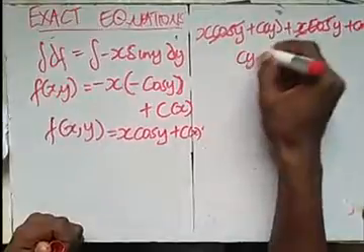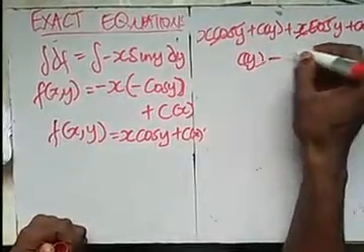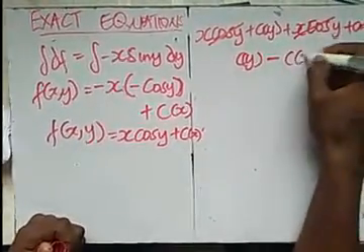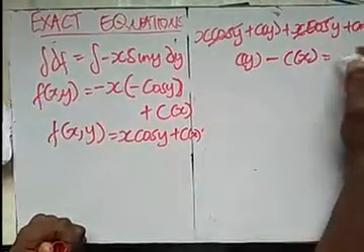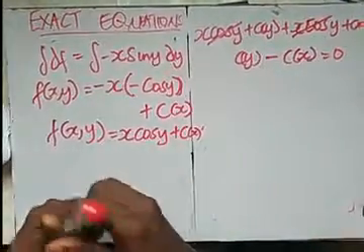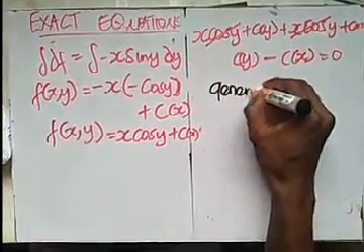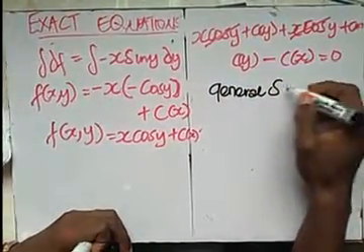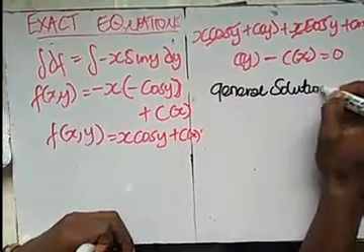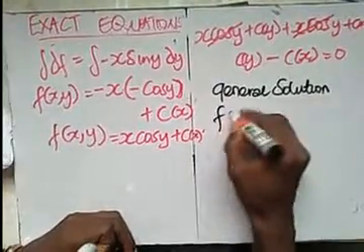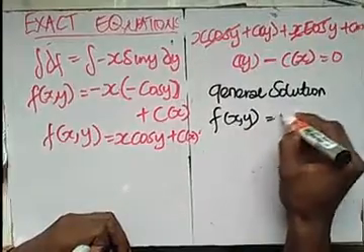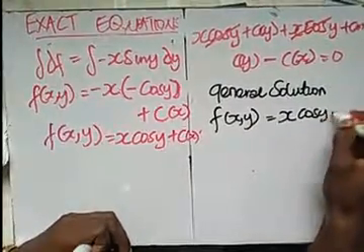We have c(y) minus c(x) equals 0. So our general solution for this differential equation is f(x, y) equals x cos y.